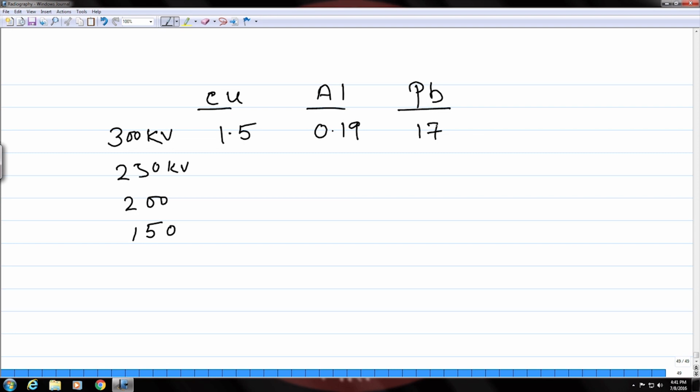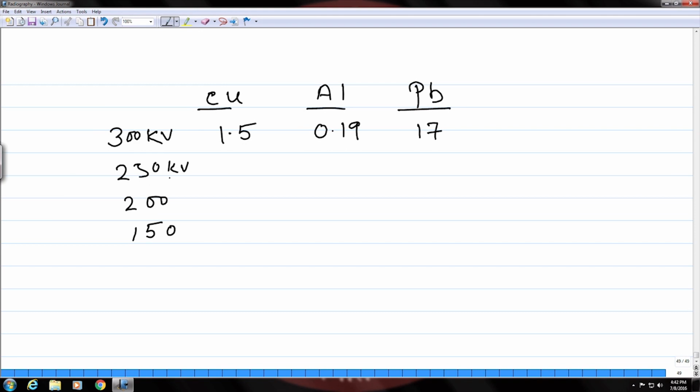So, you could see depending on the material it varies over a wide range. For example, if you have 10 centimeter of copper, that will be equivalent to 15 centimeter of steel thickness.